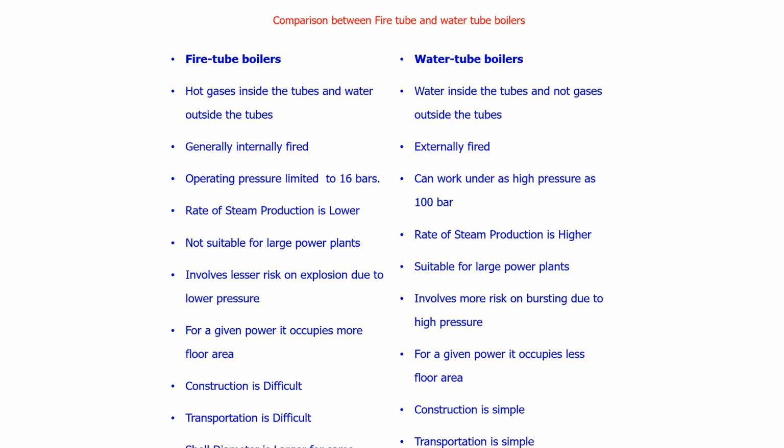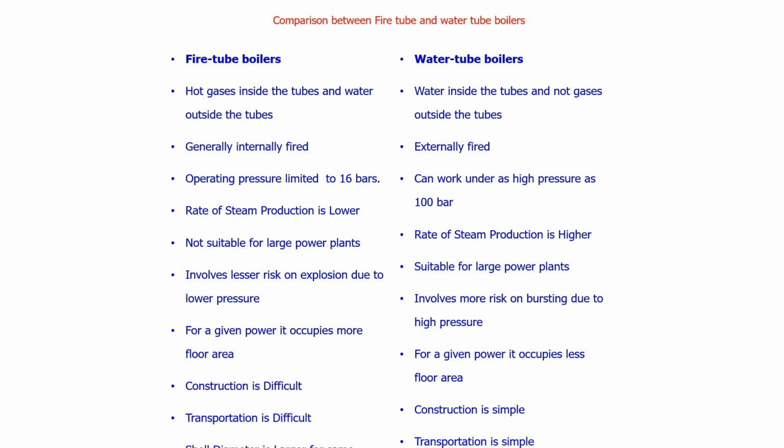So first we have to understand what a fire tube is and what a water tube is. In a fire tube boiler, hot flue gases flow through the tube, whereas in a water tube boiler, feed water passes through the tube. So this is the first definition we have to understand: what is a fire tube and what is a water tube boiler?